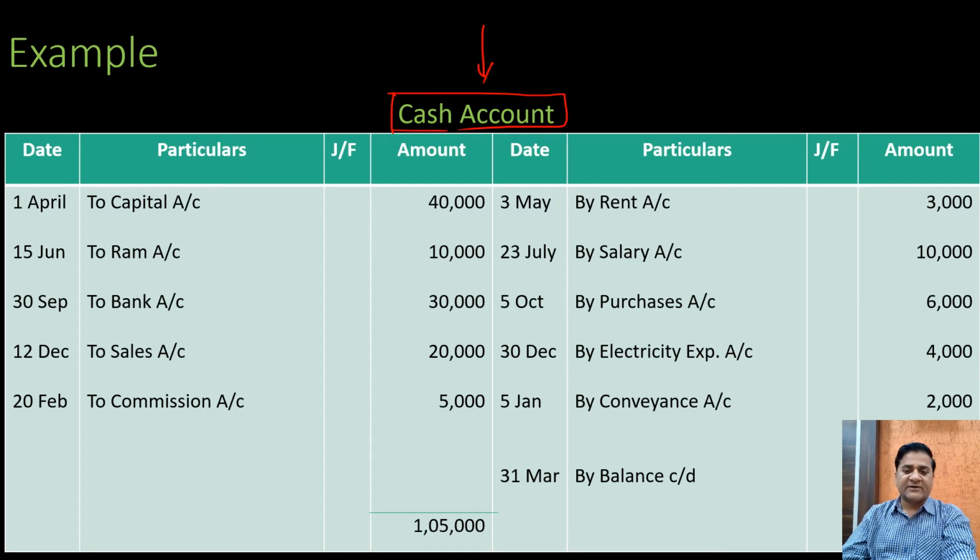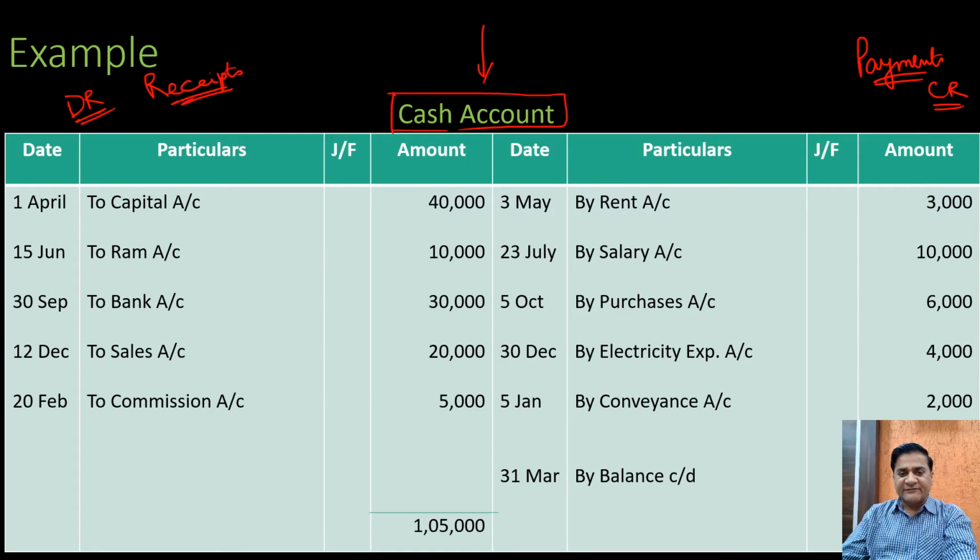If you remember our earlier class related to the rules of debit and credit, on the debit side of cash account, you record all the receipts, cash received. On the credit side, you record all the cash payments. So we say it is a summarized form of any account, right?